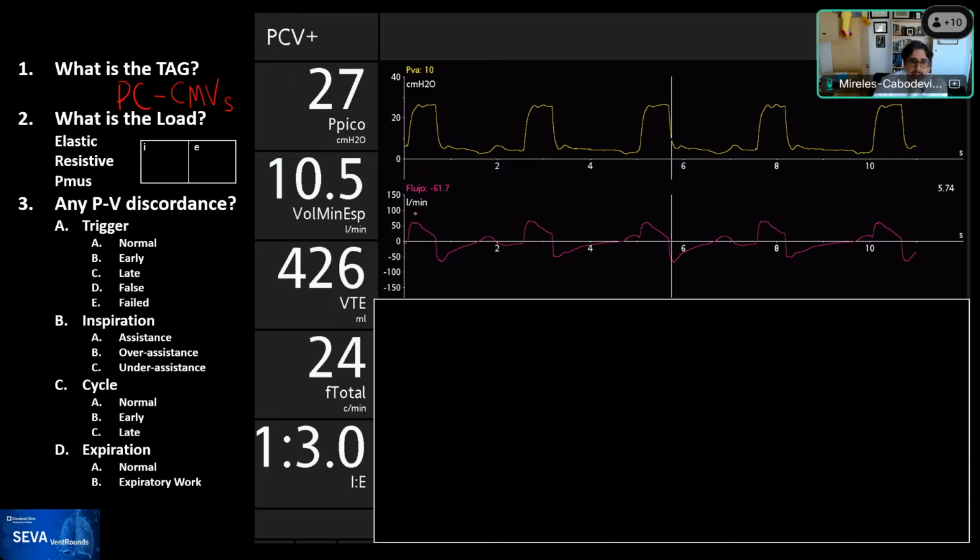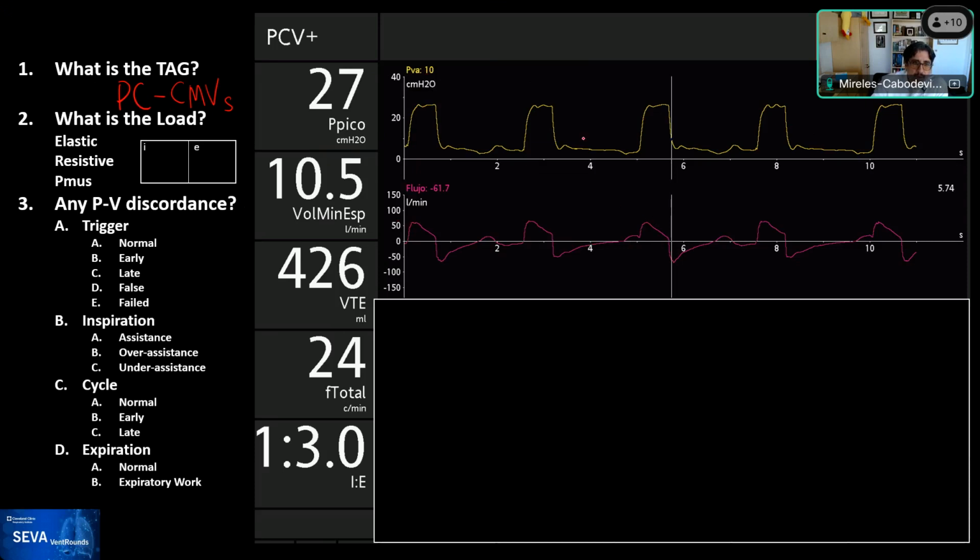And in this case, what we're saying is that this mode controls the pressure. And so it means that during every single one of the breaths, the pressure is controlled. So the flow is going to be dependent on the respiratory system characteristics, so the elastance, the resistance, and the PMOS.